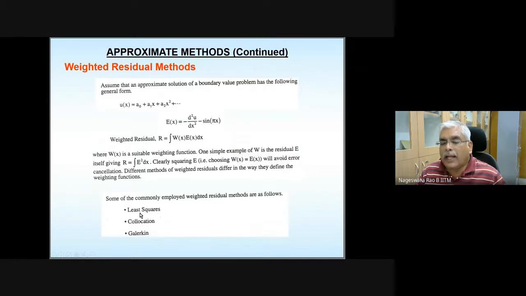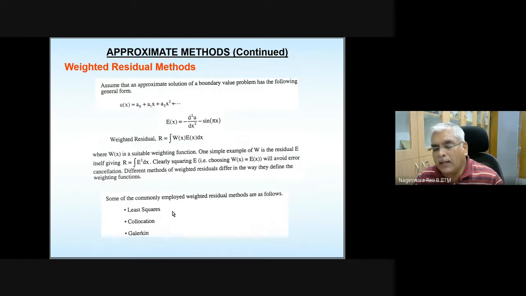Please note that there may be several variants of least squares weighted residual methods. I'm just covering it in a broad sense. Research means that whatever you find is not the end of it; there may be some improvements.